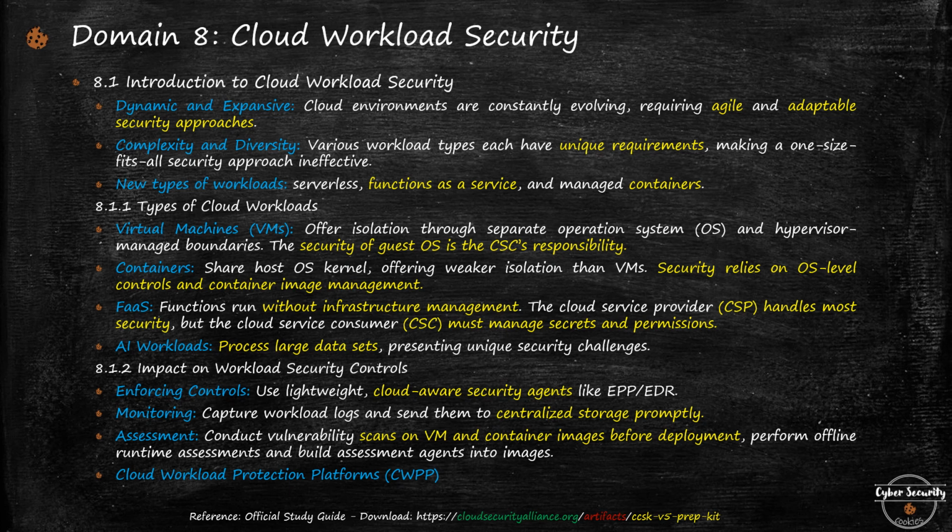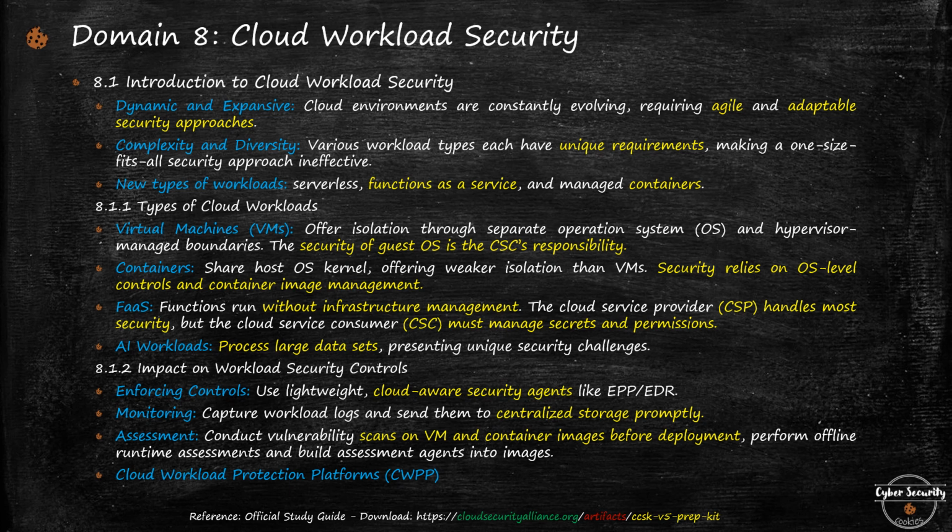FaaS is function as a service. This is used very often these days because of the construct. You have a function, but you don't need to deploy the underlying operating system and an application. You just want to run the function.